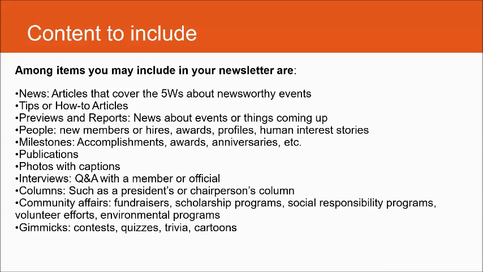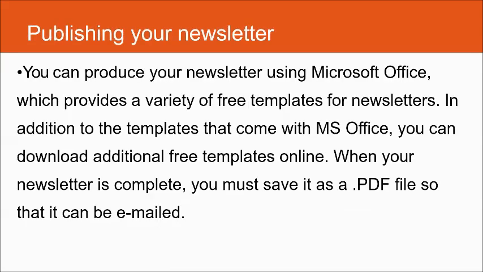New members, new hire, awards, profile, human interest stories, the milestone of your company, your accomplishments, publications, photos with captions that might grab attention from your readers, the interviews, Q&A of the member or official, for example, some other concerns, columns such as presidents or chairpersons columns, community affairs, gimmicks like quizzes, trivia, cartoons. So those are just the content to include in the newsletter.